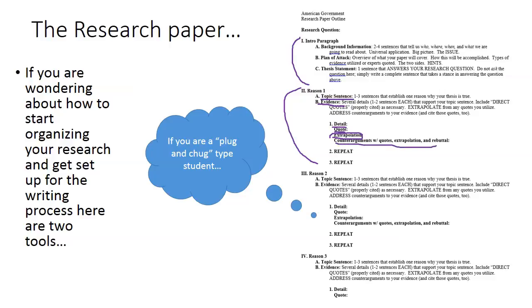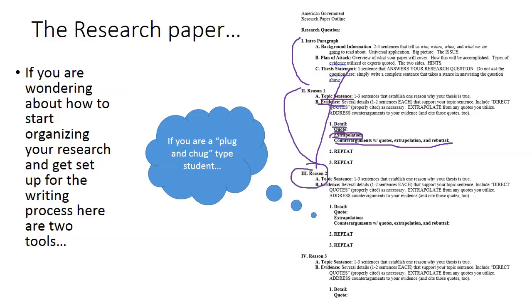Are there any counterarguments you could use within this to then rebut those counterarguments that support your thesis and your claim? You're going to repeat that as much as you need to prove your point. And each of these reasons really have been road mapped in your thesis statement. So if you're the plug and chug kind of student, that Word document exists in your email.